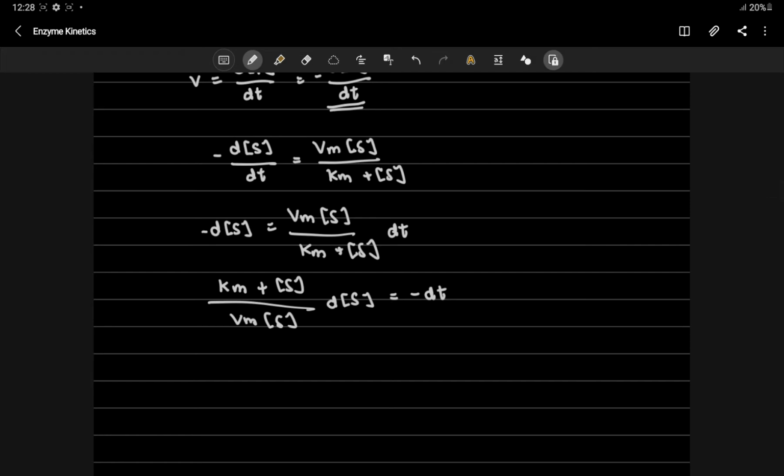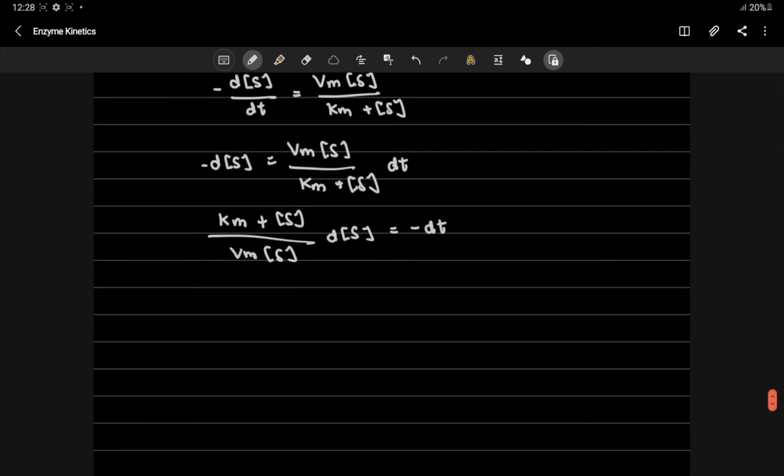So, ang gagawin natin now is basically to integrate each term here. Okay? But probably we should kind of simplify first yung ating equation bago tayo mag-integrate. So, magiging Km over Vm times 1 over the substrate concentration plus 1 over Vm.